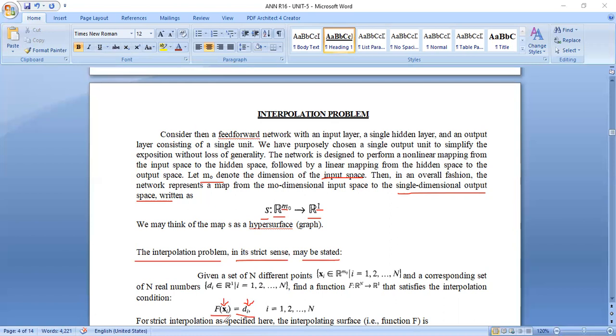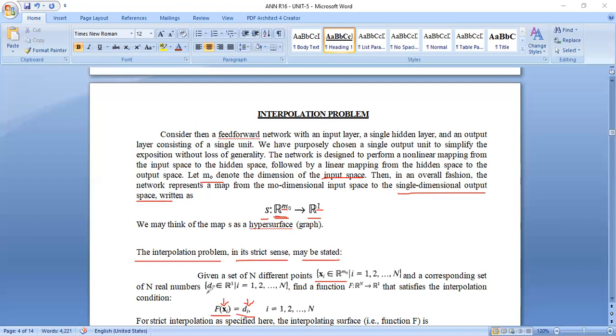Here xi belongs to R to the power of M0, where i equals 1 to n, with a corresponding set of n real numbers.